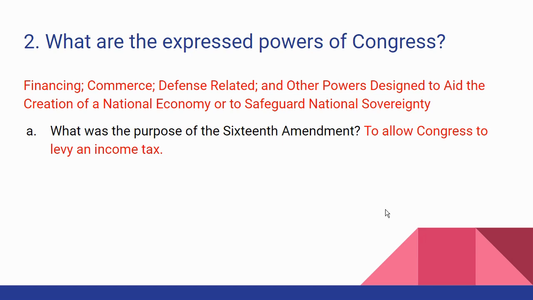In the late 1800s, they passed an income tax law, but the Supreme Court ruled that was unconstitutional. So in the early 1900s, I believe around 1913, they ratified the 16th Amendment, which allows Congress to levy an income tax. So we have that amendment to thank for paying income taxes to the United States government.